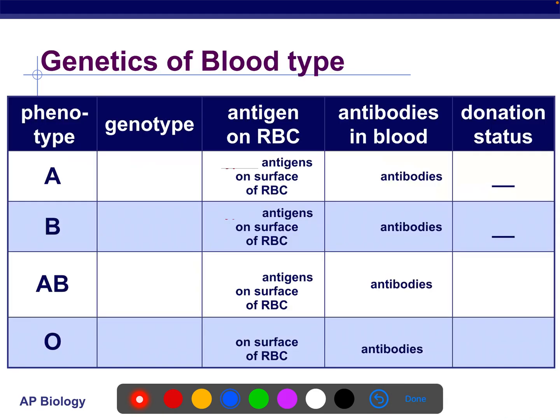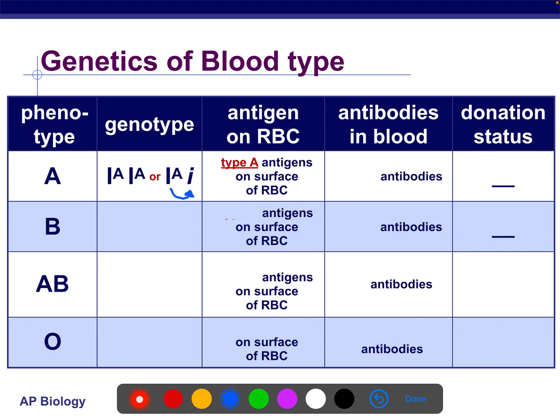So let's talk about the genetics of blood type. If you have type A blood, you have 2 different genotypes that you can have. You can be homozygous for type A, or you can be heterozygous for type A. But this capital IA is dominant over that lowercase i. So if this is the case, you are going to have type A antigens on the surface of your red blood cells, those A glycoproteins.